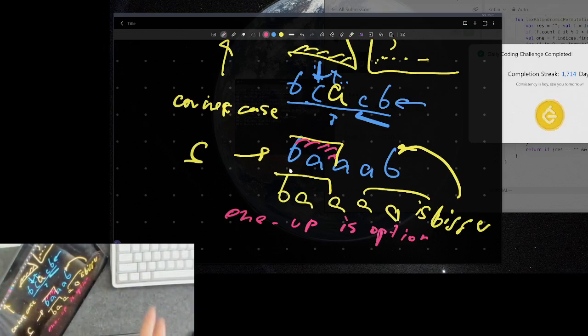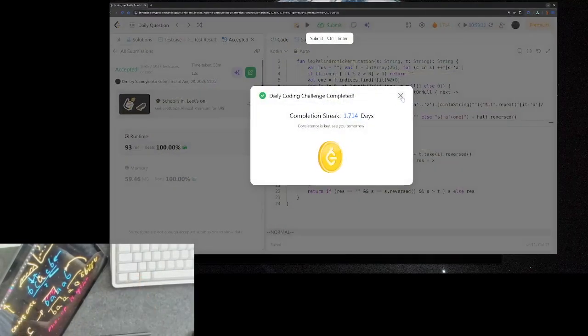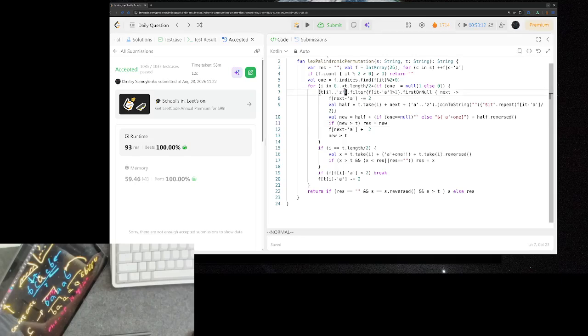Let's look at the code. This is what was accepted from me. I did it in the same shape as yesterday's problem. I tried to match the prefix exactly and update the result if I have something to one up.